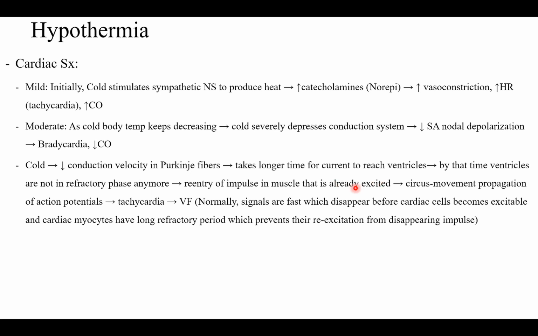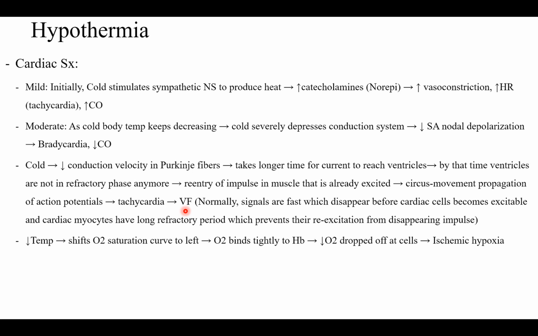They are ready to get excited, and by the time the current reaches them, they get excited again and again, and that creates a circus movement of action potentials. This is the main mechanism by which you can have ventricular fibrillation in hypothermic patients.